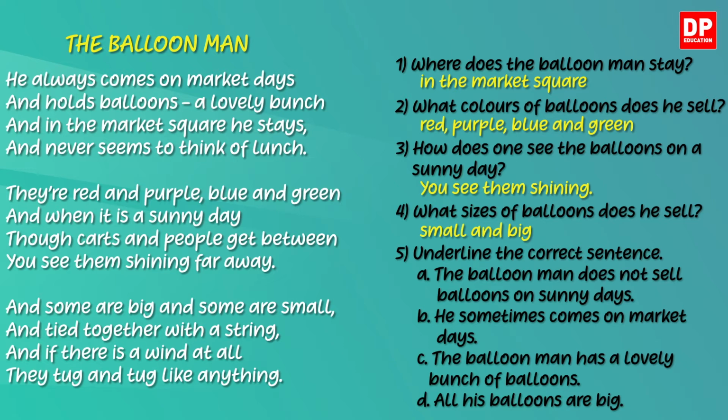We already know it's wrong, as some of his balloons are small and some are big. So for question number 5, you have to underline sentence C. The balloon man has a lovely bunch of balloons. That's the only correct sentence there. I hope you could get all these answers correctly.